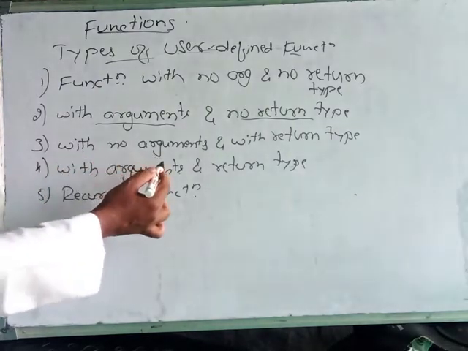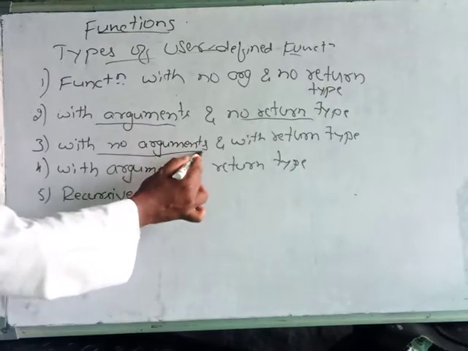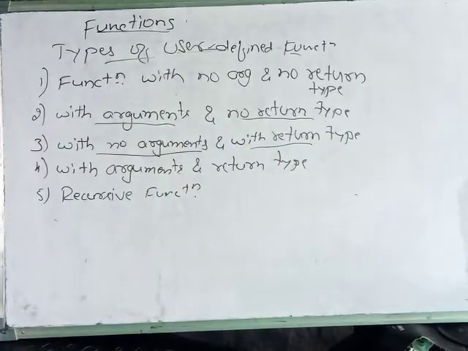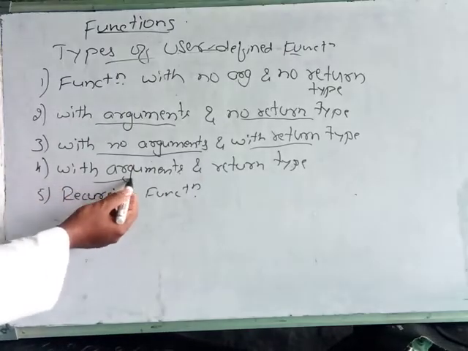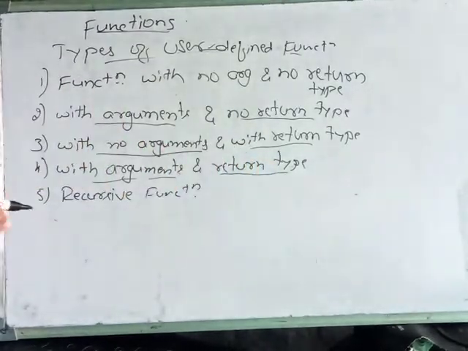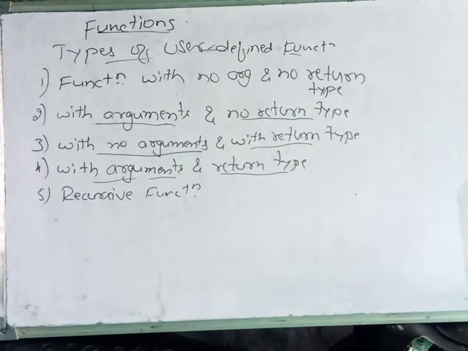With no arguments but with return type, we are not passing any arguments, but the function returns one value. With arguments and return type, we are passing the arguments also, and the function returns one value. Recursive means the function is repeatedly executing itself. Now we will see one by one.